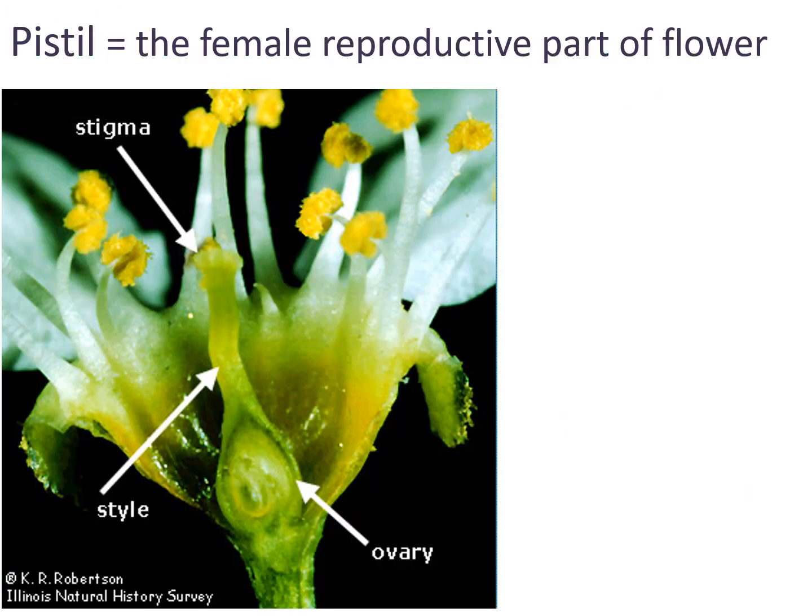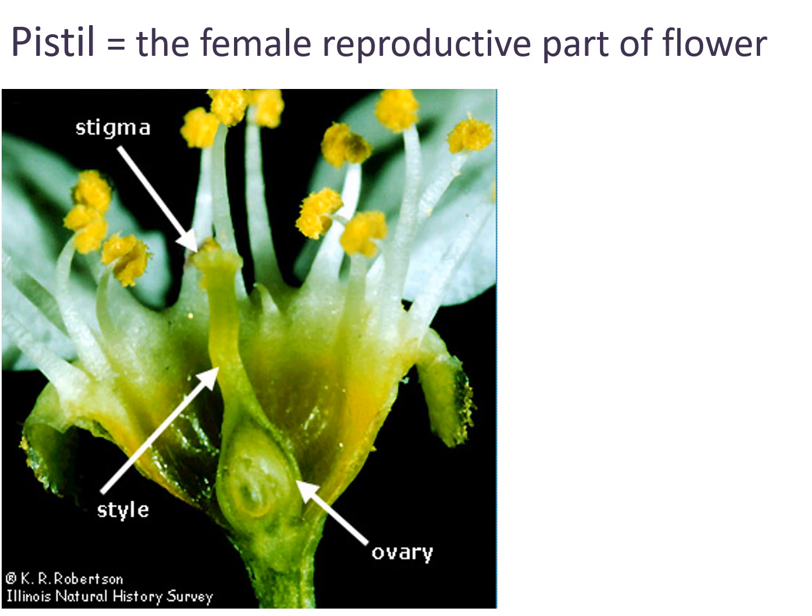And this is the close-up picture of the pistil. Pistil is the female reproductive part of the flower that is composed of stigma, style, and ovary. At the surface of the stigma, it can be wet or dry, depending on species. This is the place where the pollen grain lands and germinates a tube inside the style.